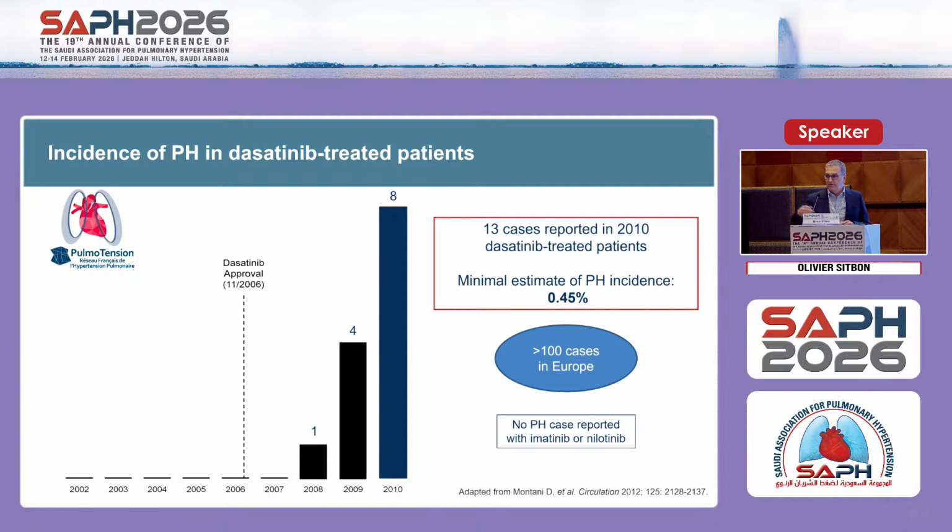So we have a regular increase in the number of cases. And in 2010, 13 cases of dasatinib-treated patients had developed pulmonary hypertension. At that time, we estimated the pulmonary hypertension incidence to be around 0.5%.